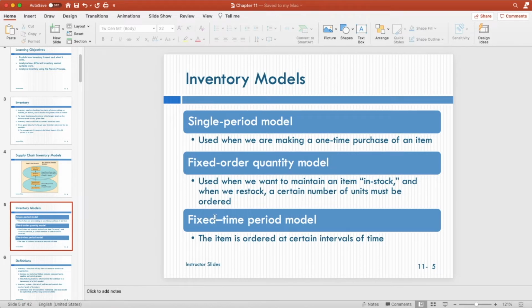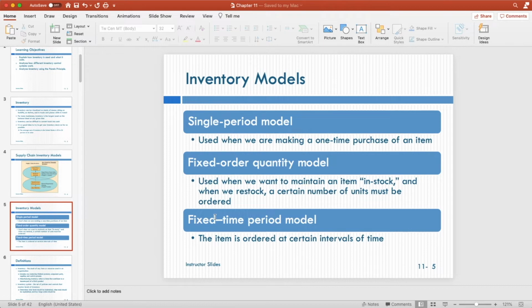The key is what the difference is between these two kinds of models. First of all, the key difference is very simple. In the fixed order quantity model, in this period of time, since you will order a certain amount regularly, each time you order, the order amount itself is fixed, but the time period of each order event is variable.